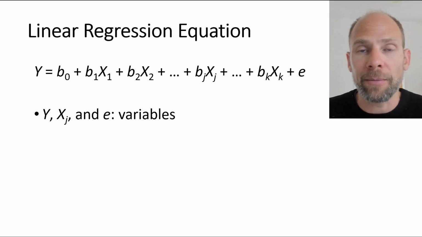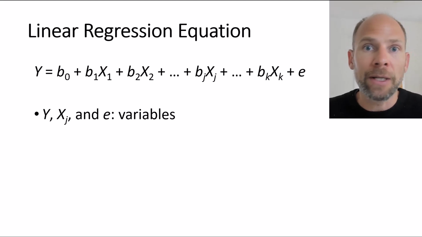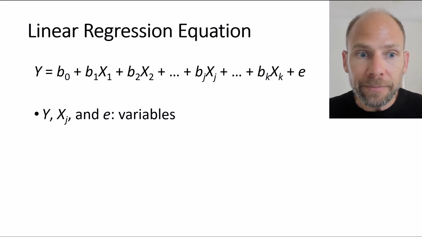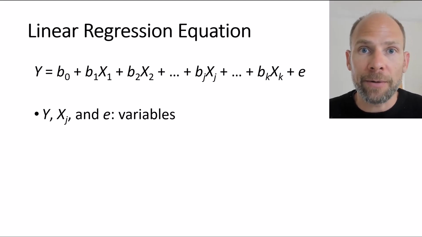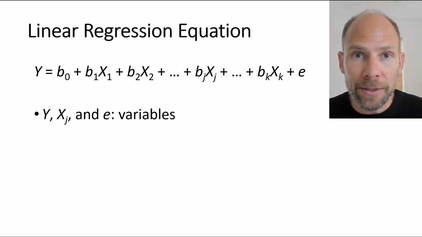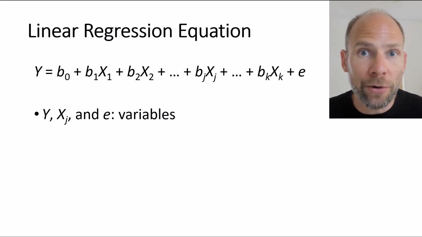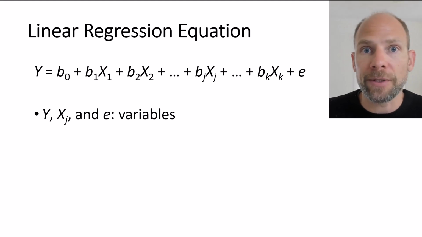So that's the variable that we want to predict, for example, life expectancy. The xj variables are our predictor variables that we also sometimes call independent variables or explanatory variables, because those are the variables that we use to predict our outcome variable.